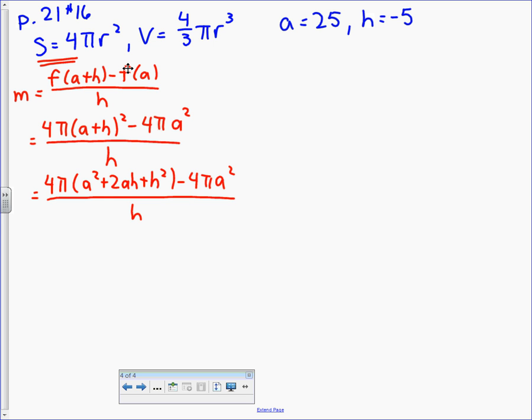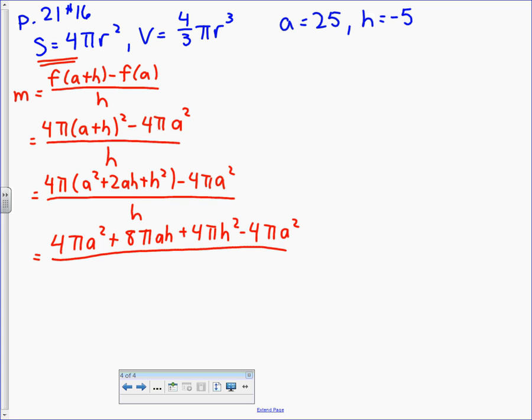Which turns into 4 pi a squared plus 8 pi ah plus 4 pi h squared minus 4 pi a squared, all over h. The 4 pi a squared and the negative 4 pi a squared are going to cancel, so I'm left with 8 pi ah plus 4 pi h squared, all over h.